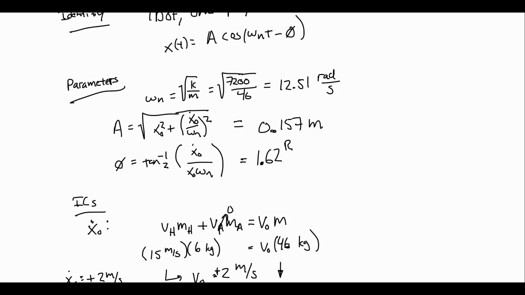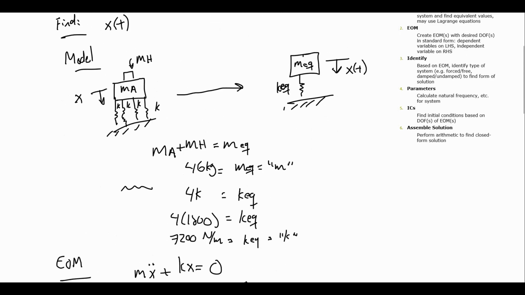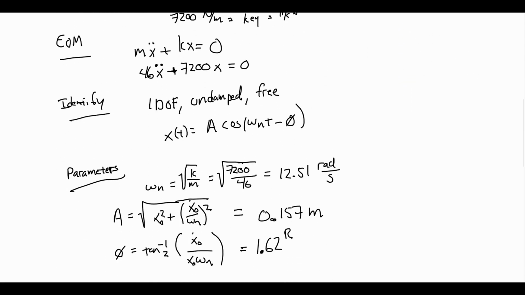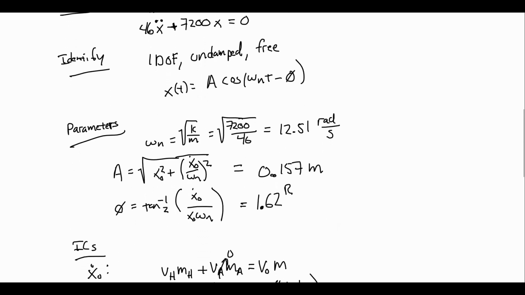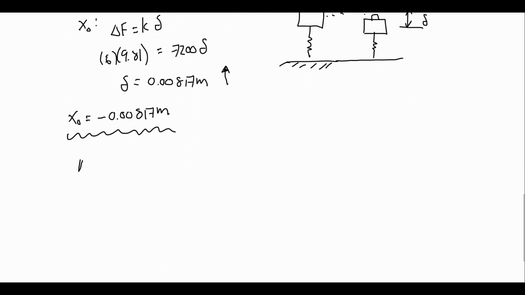Right, so we have our parameters. We'll double check them in MATLAB that came from our initial conditions. So now we can assemble our solution. Again, from the identify step, now we know how to put all of those pieces together to get our x of t. So finally, we can assemble.